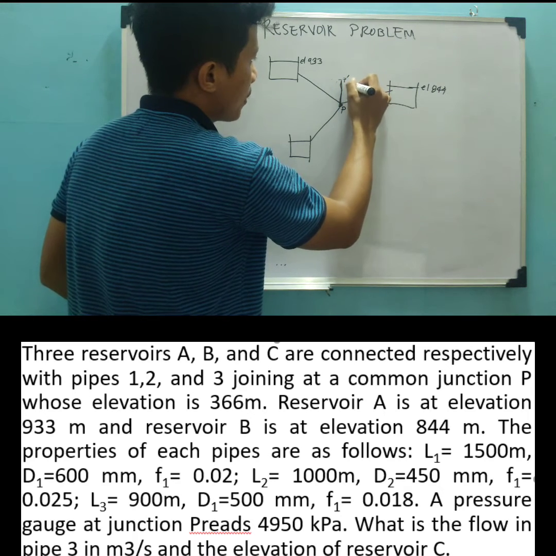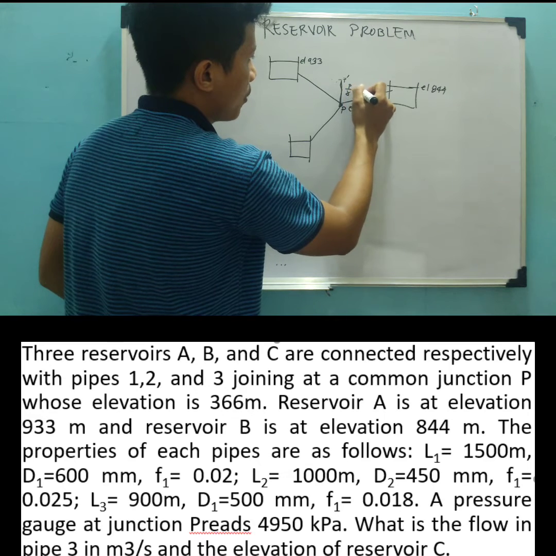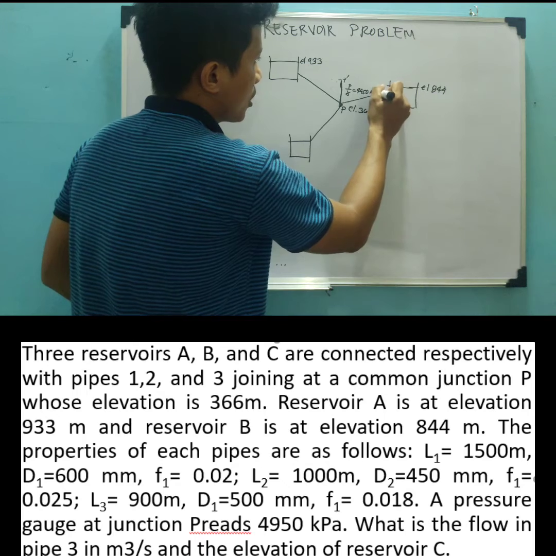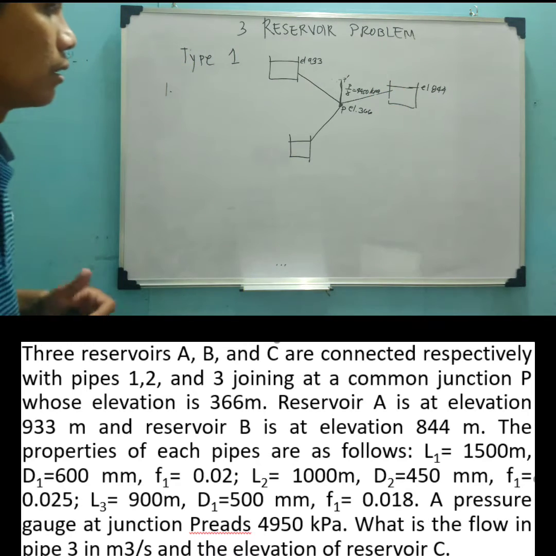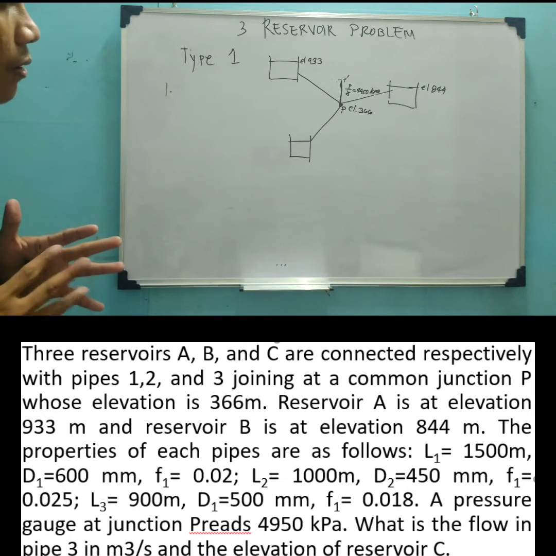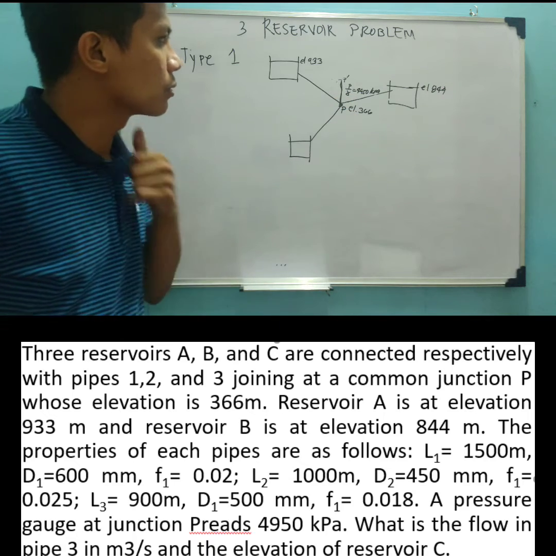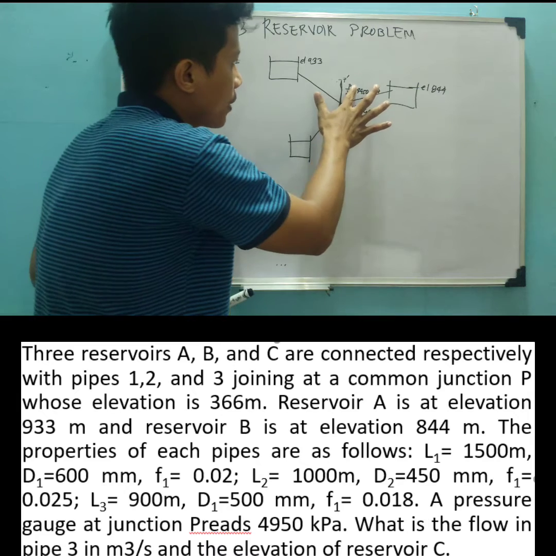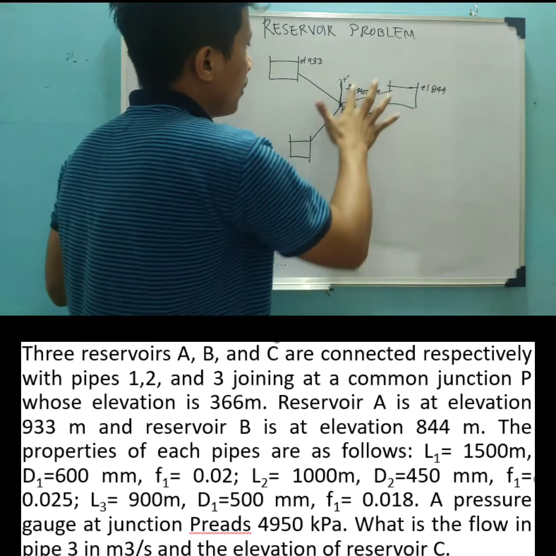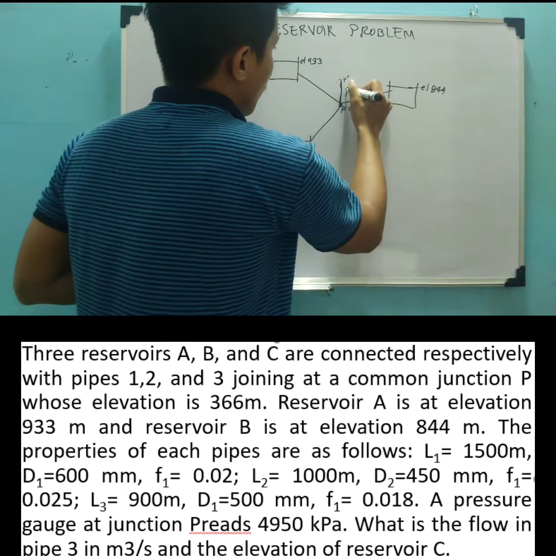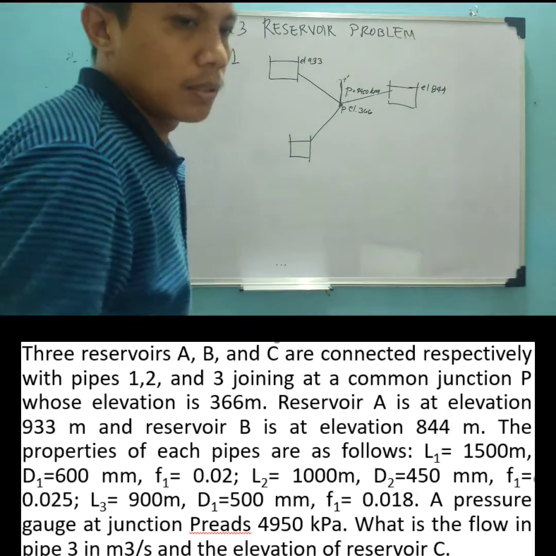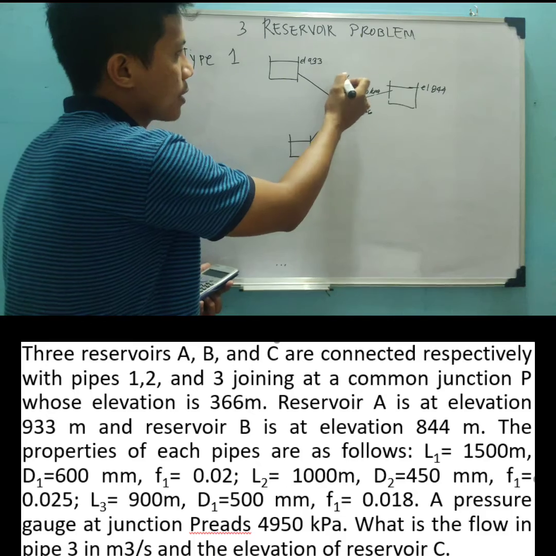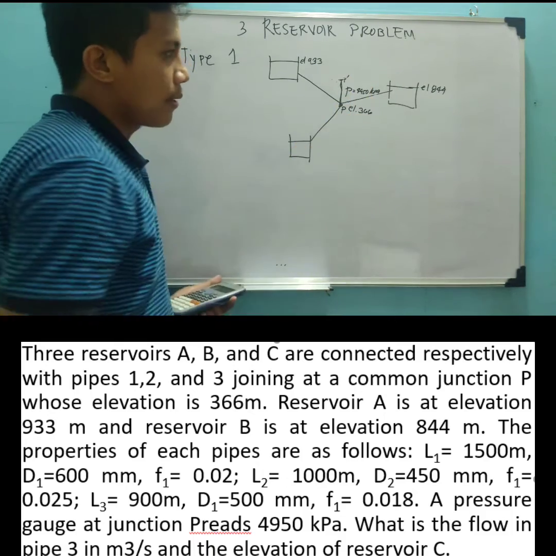It has a pressure of 4,950 kilopascals, so let's convert it into head. Since it's pressure, we just divide it by 9.81, so we get the difference of P prime and P.